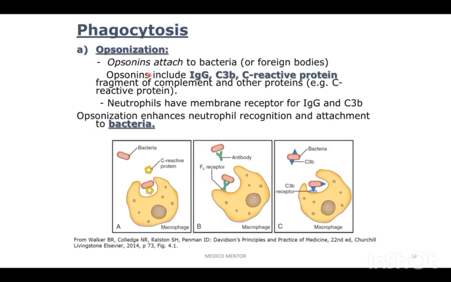The process of attachment of the opsonins like IgG, C3b, and C-reactive protein over the surface of the bacteria is called opsonization. And once the bacteria are opsonized, that is, they are coated by the opsonins, they are now ready to get engulfed by the neutrophils or the macrophages via the attachment to the membrane receptors present over the surface of the neutrophils.